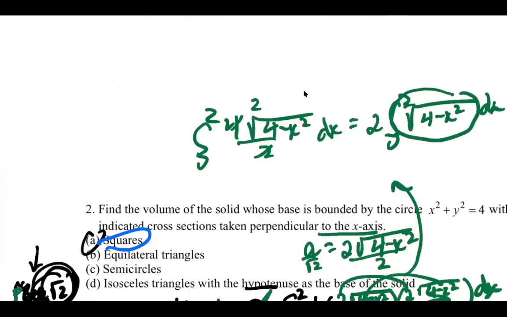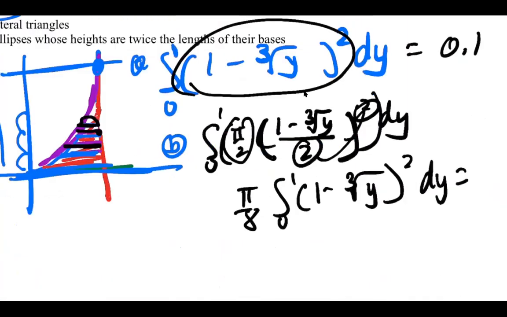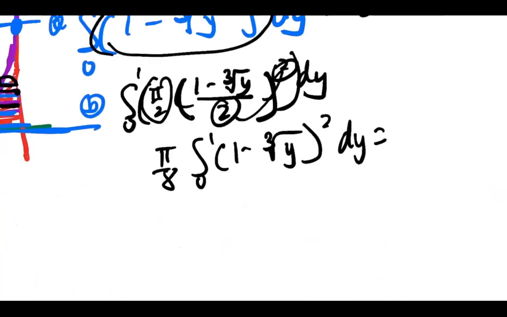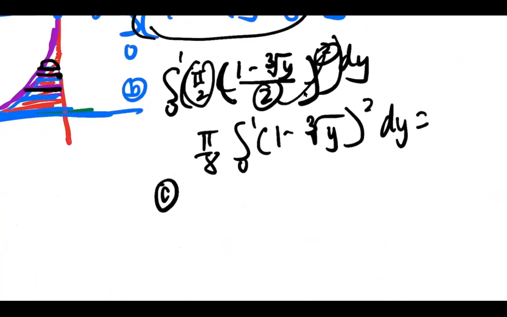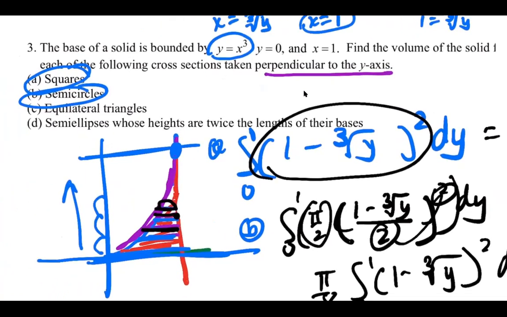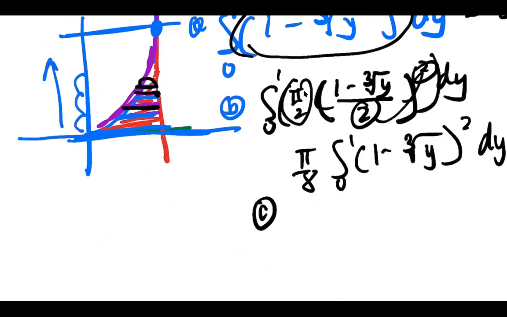All right, so next on C, the cross sections perpendicular to the y-axis are equilateral triangles. So these are equilateral triangles popping up out of here. Here's one, and if you turned it sideways, it would have a little bit of depth.